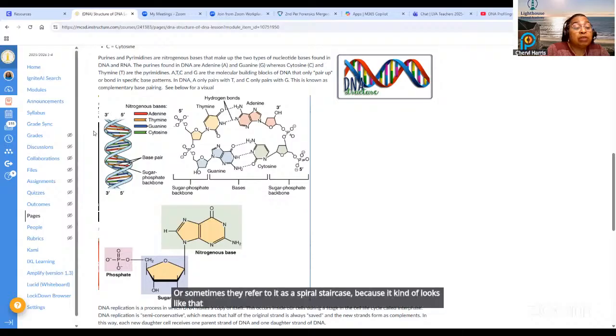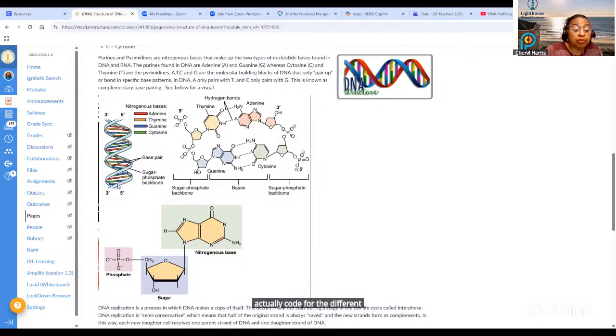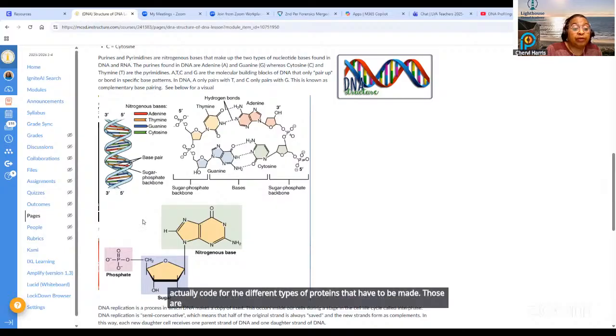They also refer to it as a ladder. They call the sides of it the backbone, and the base pairs in the middle actually code for the different types of proteins that have to be made. Those are the rungs of the ladder.